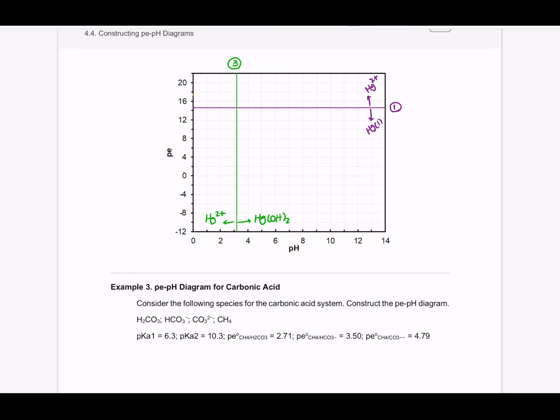And then the other point, if we pick this, it would for sure pass that line. You can also put in 3.1 and see this would give you the other line so that they will cross. So this is line number 2.